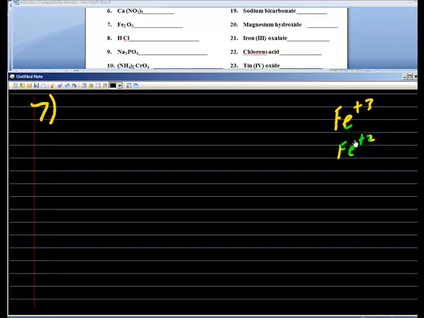You don't know which one it is at first. But what you do notice is that the Fe2 is bonded to the O3. Now, this much we know. Oxygen always has a -2. So the total charge contributed by the oxygen group is a -6.